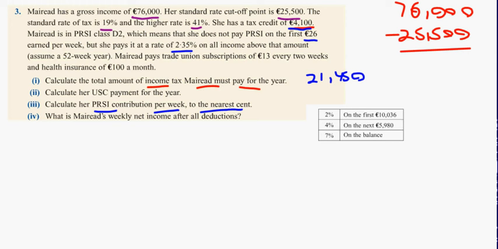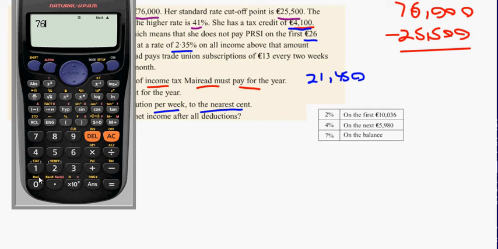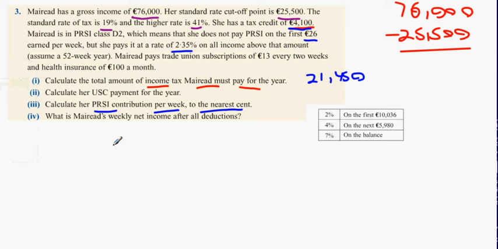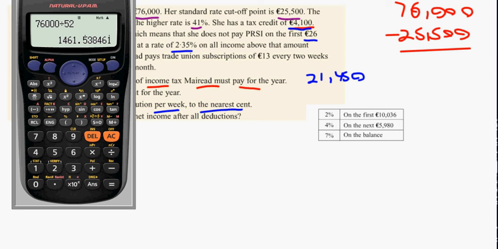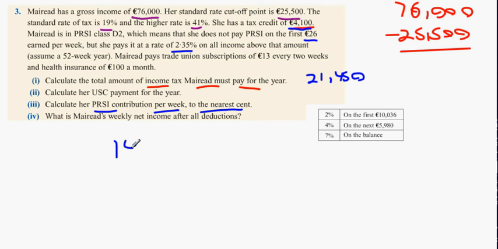In 52 weeks she makes 76,000. So we're going to divide 76,000 by 52 and get a weekly income of 1,461.54.